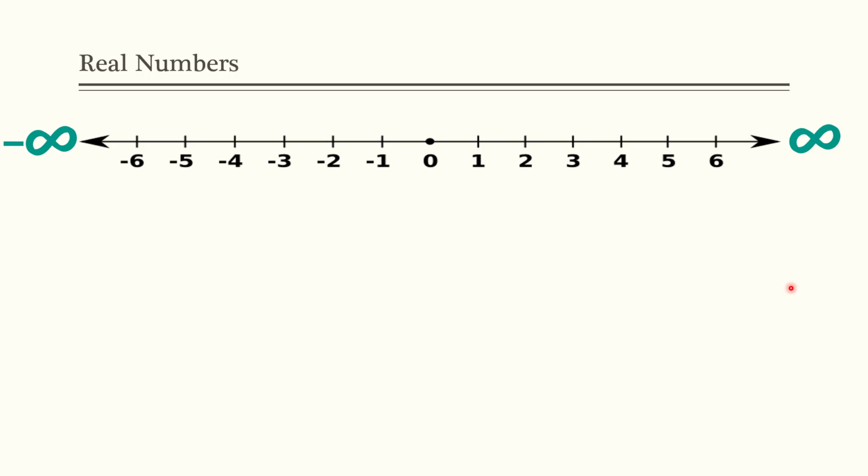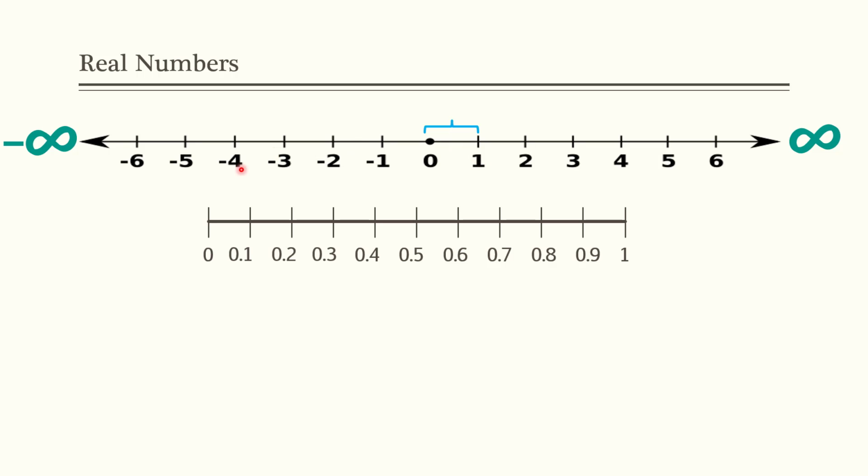So let's talk about another property of the real numbers. Okay, we still have the number line. Now let's say we are trying to magnify only this portion from 0 to 1. If you see from 0 to 1, there could be so many numbers over here like 0.1, 0.2, 0.3, 0.4, right?